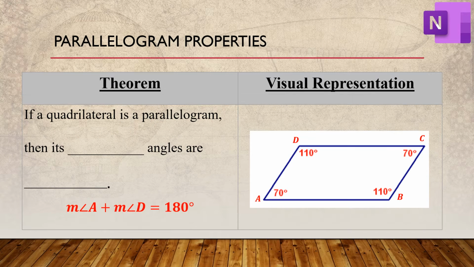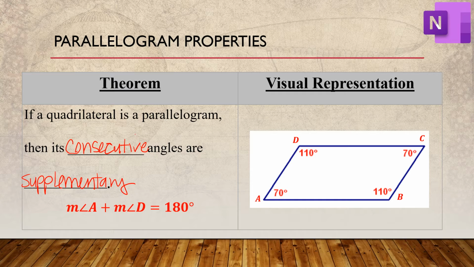Okay. The next property, this property was actually not mentioned in the video, but it is another property of parallelograms. And it states if a quadrilateral is a parallelogram, then its consecutive angles are supplementary.